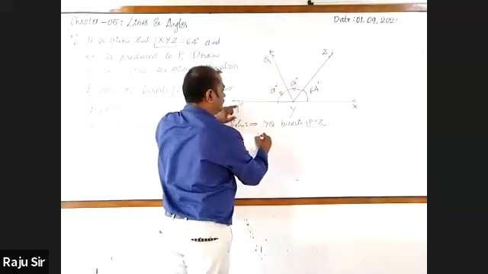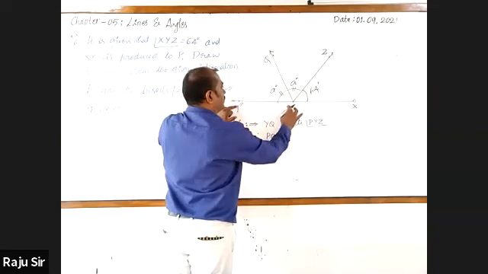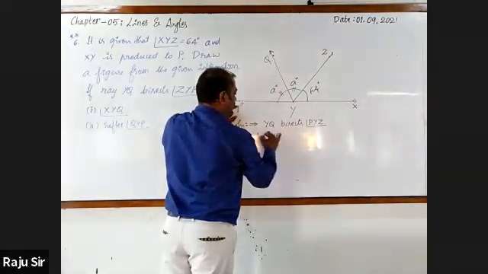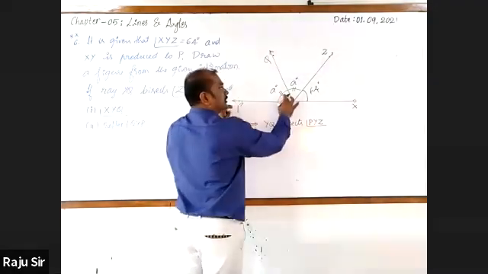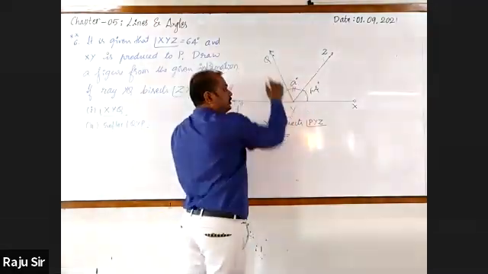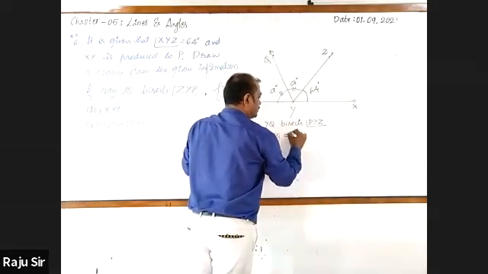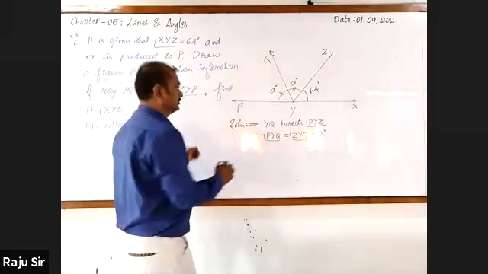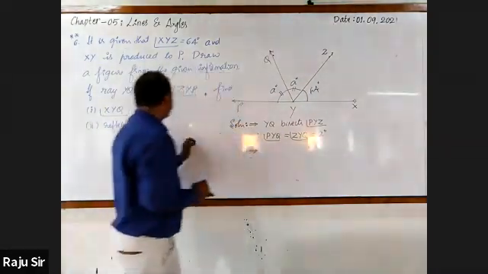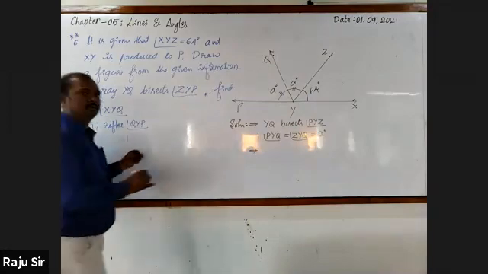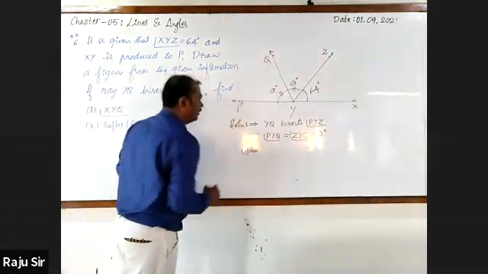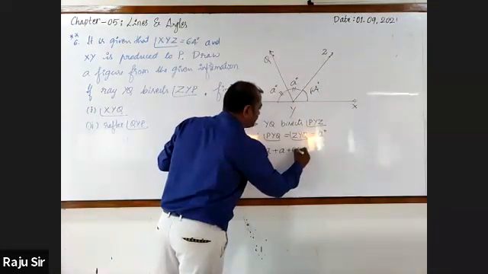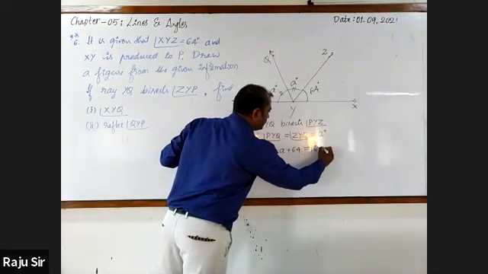Therefore, angle PYQ and angle ZYQ will both be equal. I take this angle as A. Now, we should find out angle XYQ. First, A plus 64 is equal to 180 degrees.